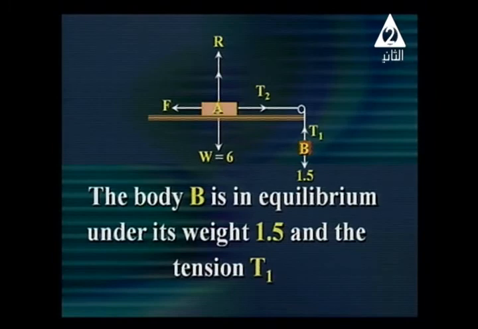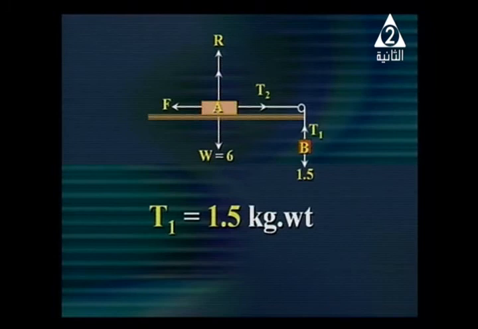Body B is in equilibrium under its weight 1.5 and the tension T1. What do we deduce? T1 equals 1.5. Why? Because body B is in equilibrium, we have two forces equal in magnitude and opposite in direction. The two forces T1 and 1.5 must be equal. T1 equals 1.5.